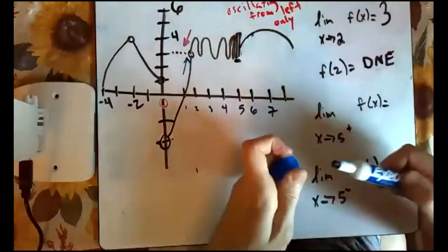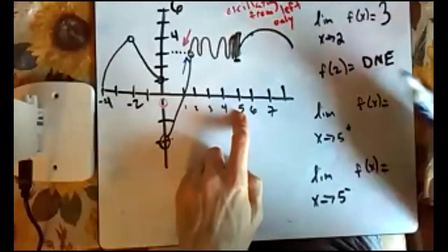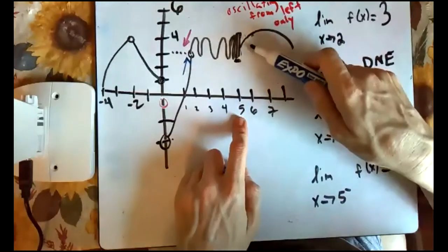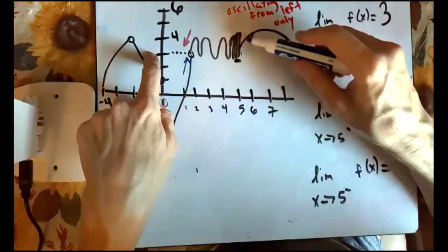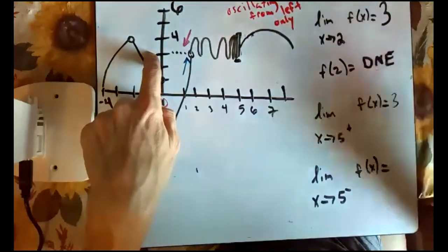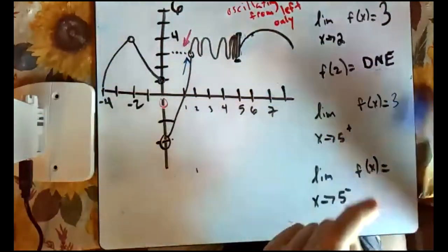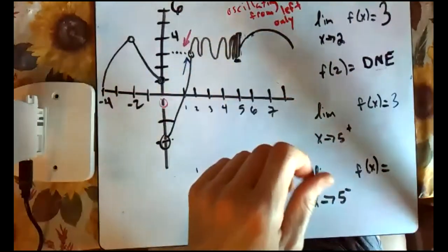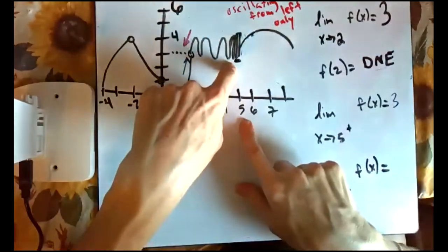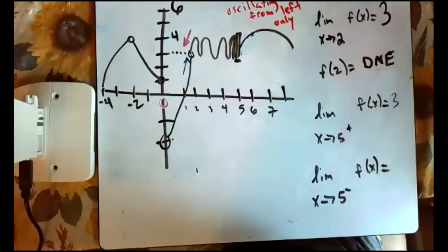So since it's not oscillating to the right of 5, it is approaching some y value, and that y value is 3 in this instance. If you don't have a squishy line coming from one direction, then something is existing right there. But if you have a squishy line, like to the left of 5, that means it's oscillating.